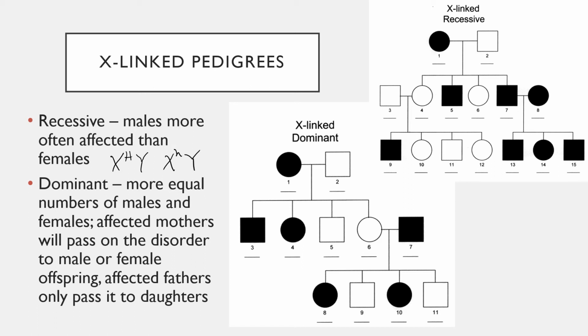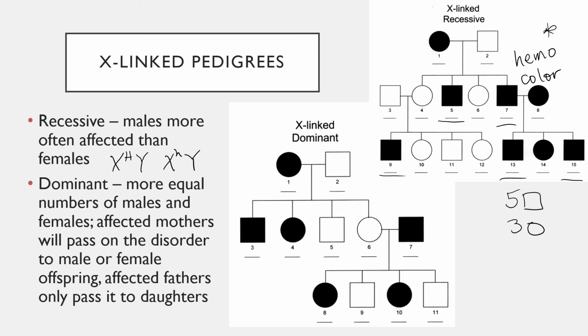So if you look at the pedigree at the top right here, you can see that I have 1, 2, 3, 4, 5 males that are being affected, but only 3 females. Normally, you may even see more dramatic differences in the sex layout with these pedigrees. You may see 10 males and only 2 females. It's definitely a trait where you're going to see the males more affected than the females. And this is an example of something like hemophilia or that color blindness.